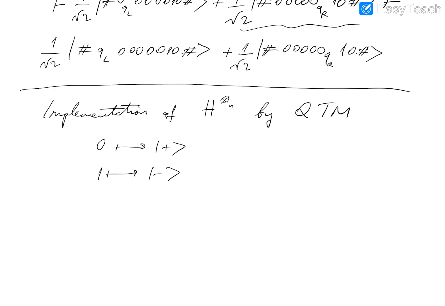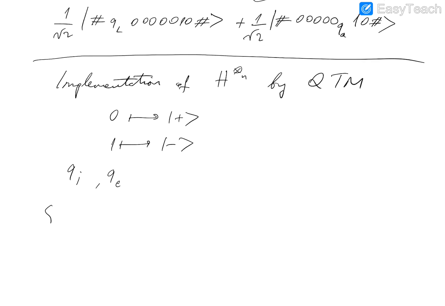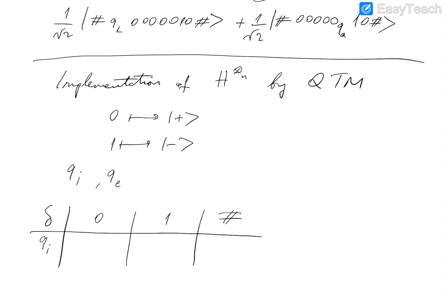Okay, so for this we have only two states, Q initial and Q end. Okay. So we start with Qi. If we read 0, then we will transform this into a plus superposition state.